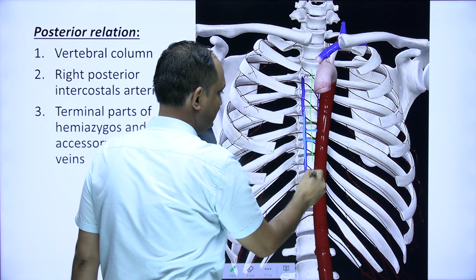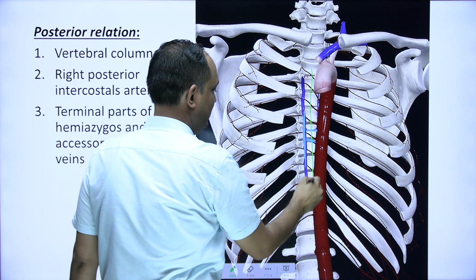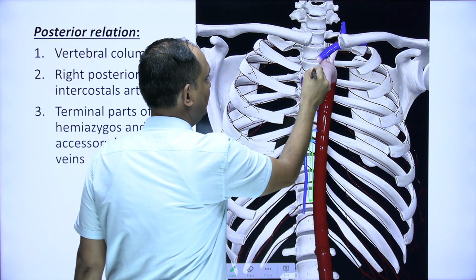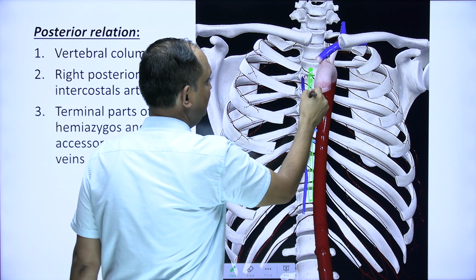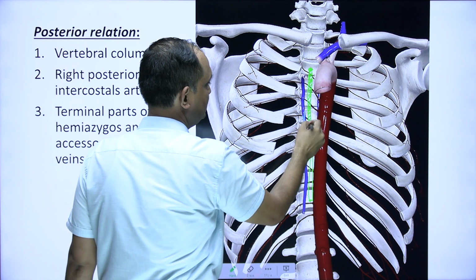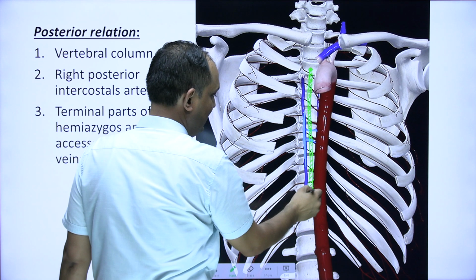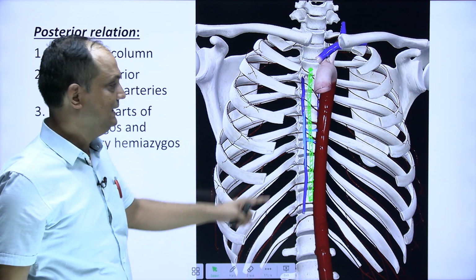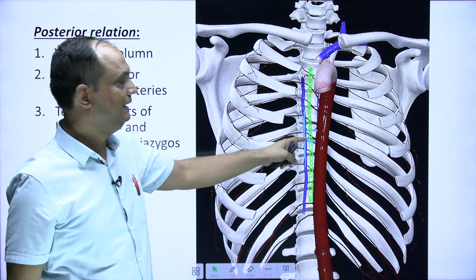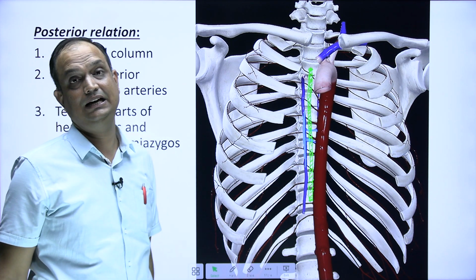It lies anterior to the posterior intercostal arteries, but these posterior intercostal arteries are of the right side, and it also lies anterior to the terminal part of the azygos, hemiazygos and accessory hemiazygos.